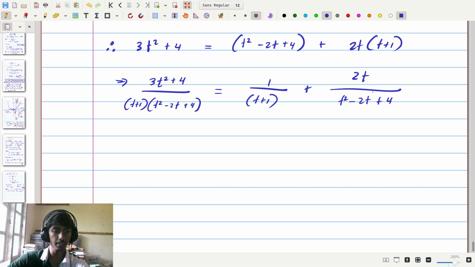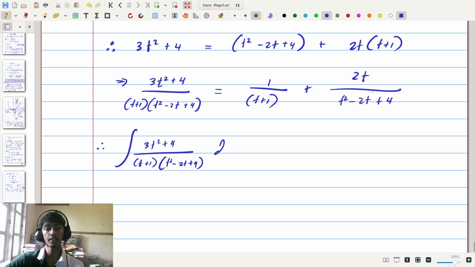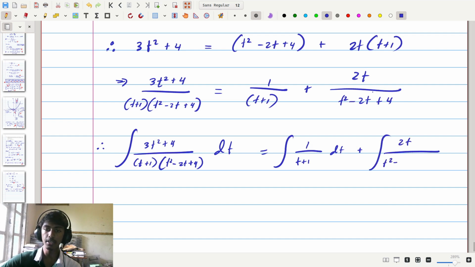Now therefore we can say, if we integrate the left hand side, which is 3t squared plus 4 divided by t plus 1 times t squared minus 2t plus 4, we can see this integrated with respect to t is the same as integrating these two terms individually with respect to t, which will be the integral of 1 over t plus 1 dt plus the integral of 2t divided by t squared minus 2t plus 4 with respect to t.